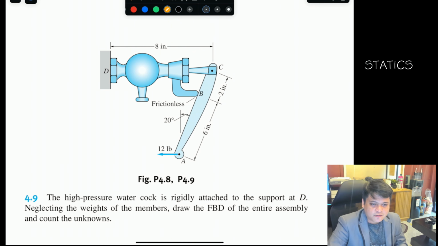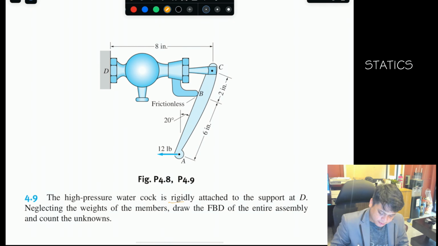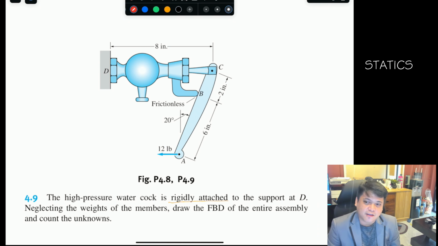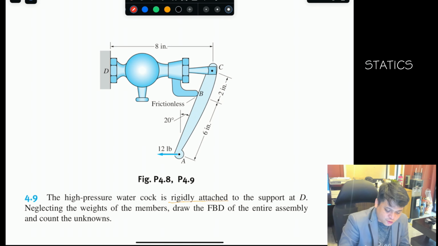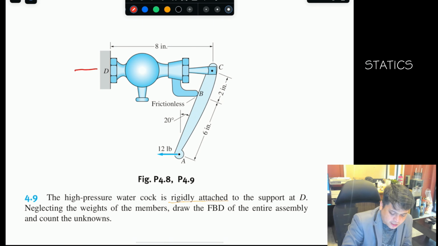Okay, so let's proceed with 4.9. The high pressure water cock is rigidly attached. Okay, so ayan, may clue ulit tayo. Sabi niya, rigidly attached. So what does it mean? So it means, yung pinaka-reaction mo sa D is a fixed, no? So wala ka namang ibang force doon. So ang gagawin mo lang, mahirap i-drawing, ano? Tanggalin natin yung support sa D, pero palitan natin siya ng rigid.